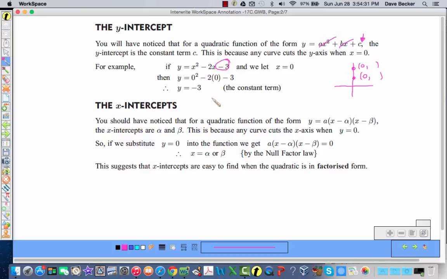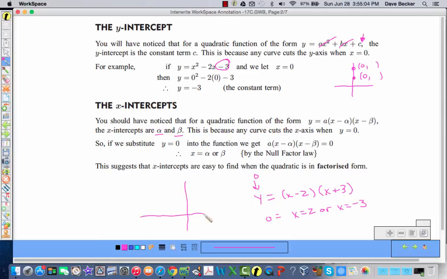So the x-intercepts, if I am in the form y equals a times (x minus alpha)(x minus beta), then the x-intercepts are alpha and beta. For example, y equals (x minus 2)(x plus 3). If I let y equal 0 to solve, then I get x equals 2 or x equals -3.